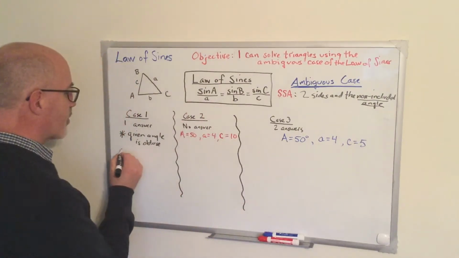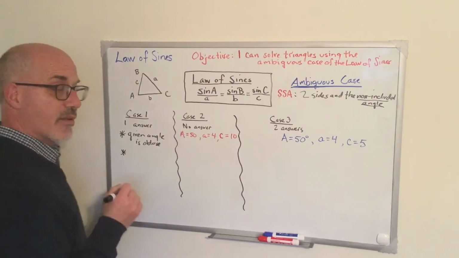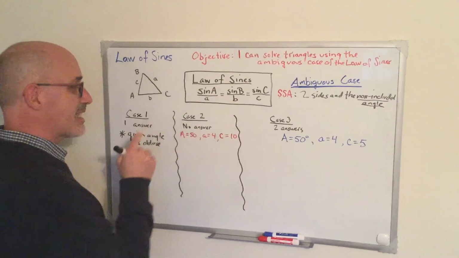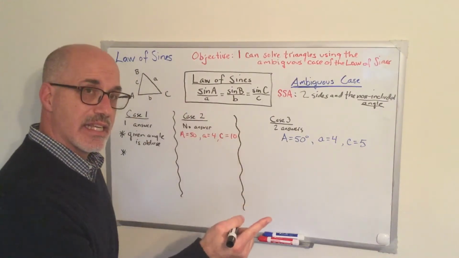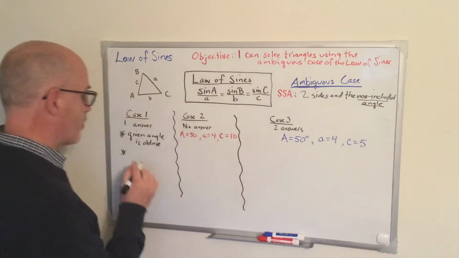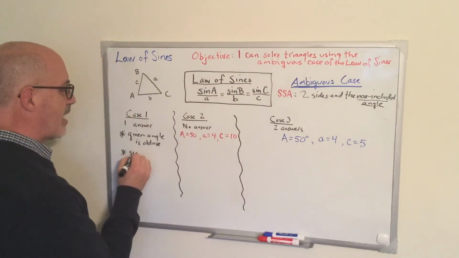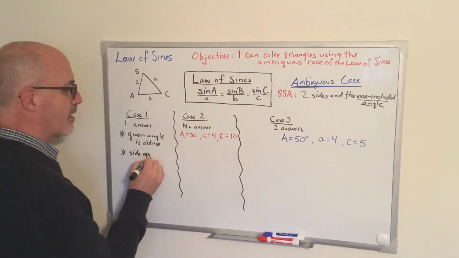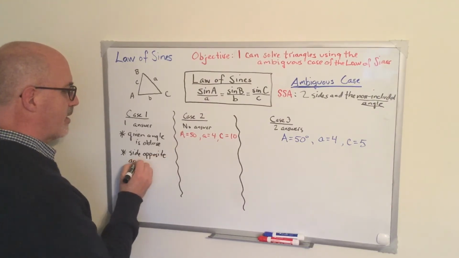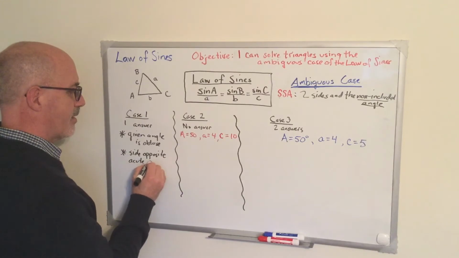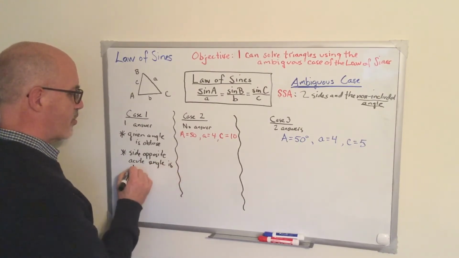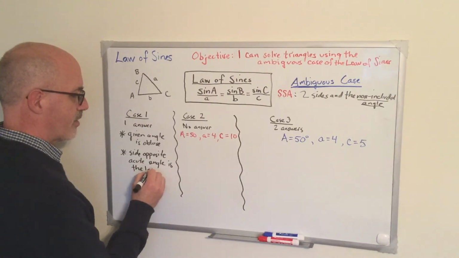Also, if the angle you're working with is an acute angle and the side opposite it is the larger of the two sides, you're all set, just one solution. So the side opposite an acute angle given is the larger of the two given.